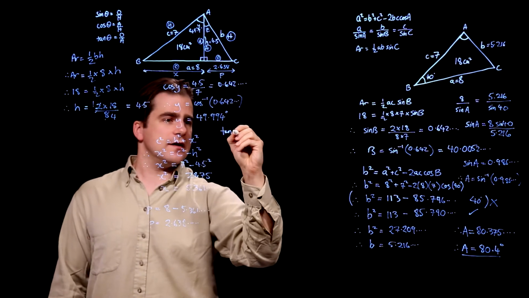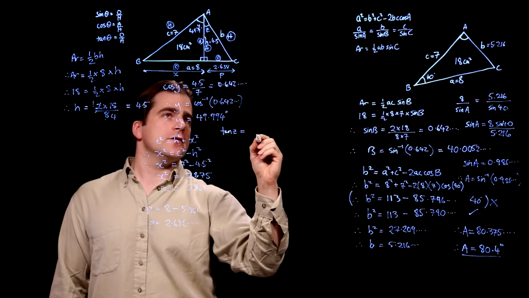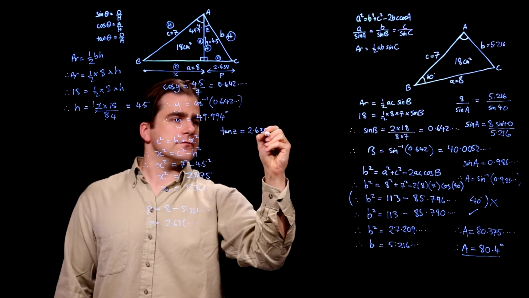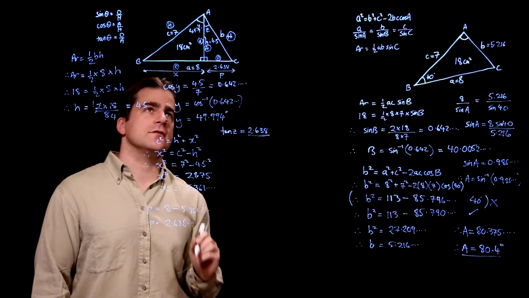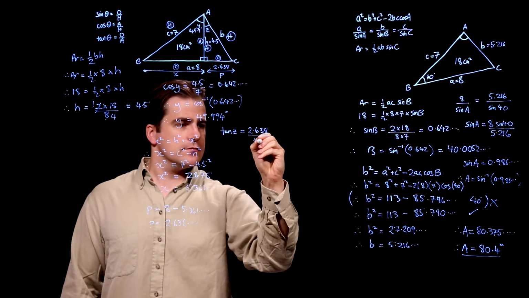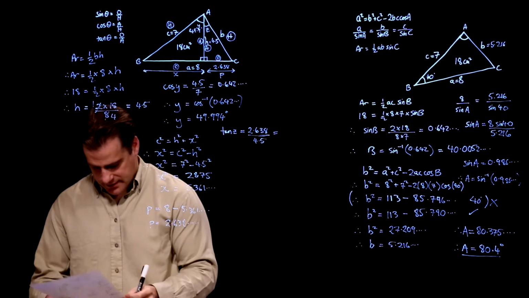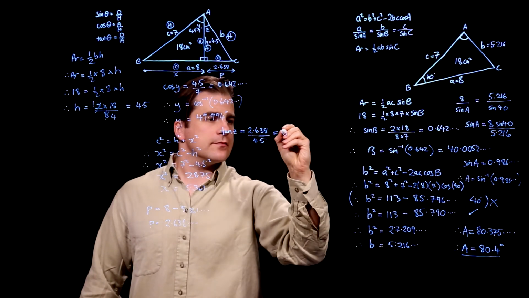So tan theta, and theta is z, is the opposite, 2.638, over the adjacent, which is 4.5. So tan of z is 0.586, something, something, something.